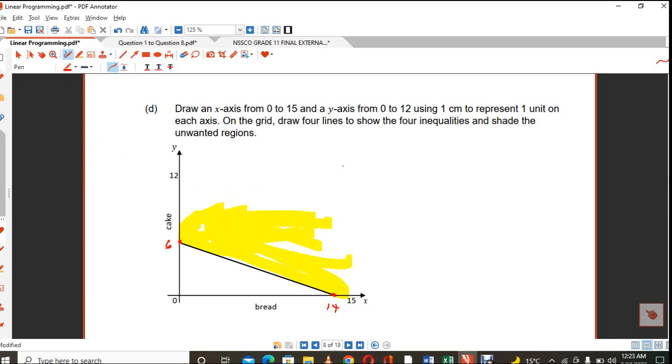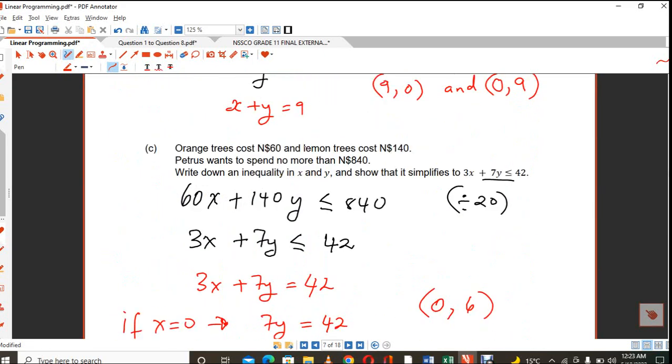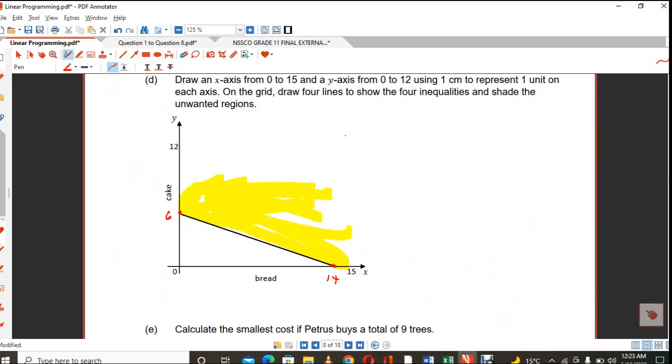And then the other ones are not complicated to do. There was the one of x plus y is 9. So again, if you have your 9, let's say 9 is there, and let's suppose 9 is here, you are going to be drawing that line right up to there.